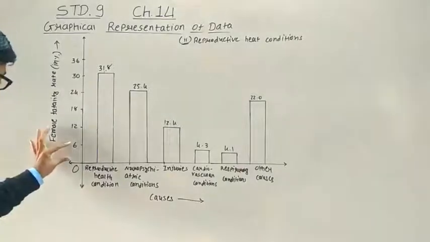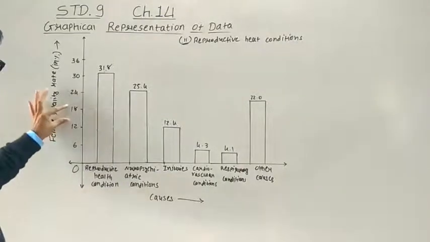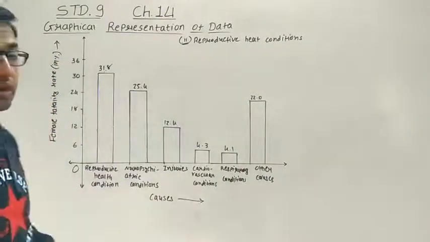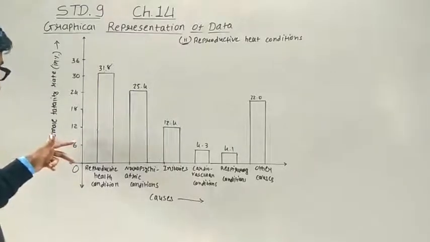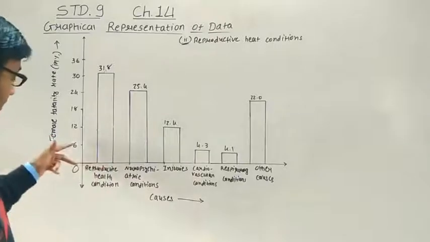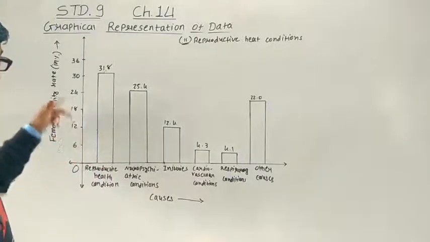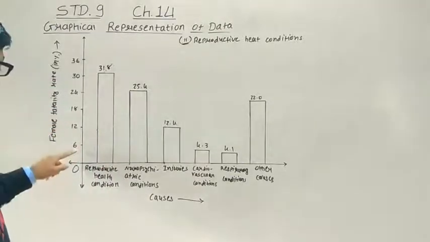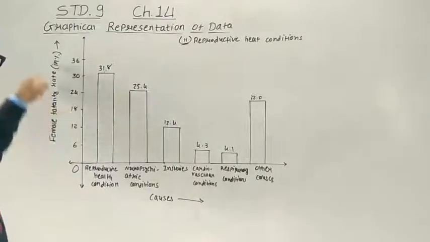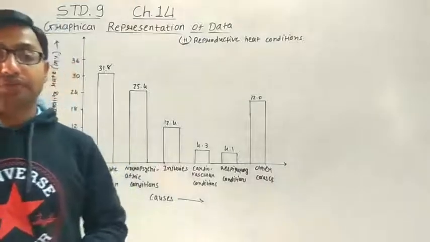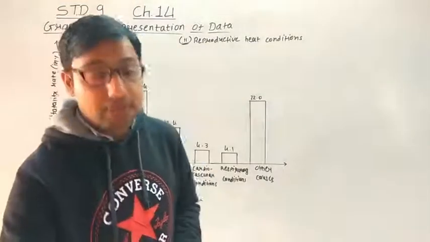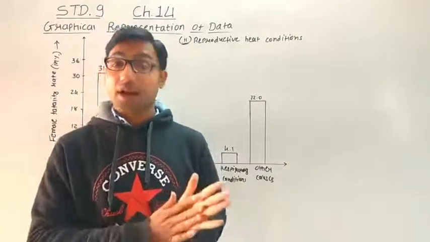And whatever this scale you draw here, that must be equal. Here we have taken the scale of 6, right? That means 1 unit we have taken as a 6, and this is what percentage. 6%, 12%, 18%, 24%. So this you have to keep in mind. Okay? So this is how we can represent the data in the bar graph.